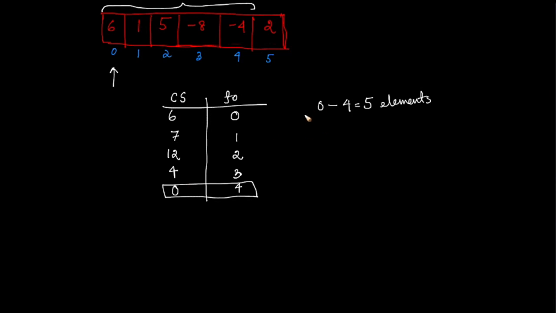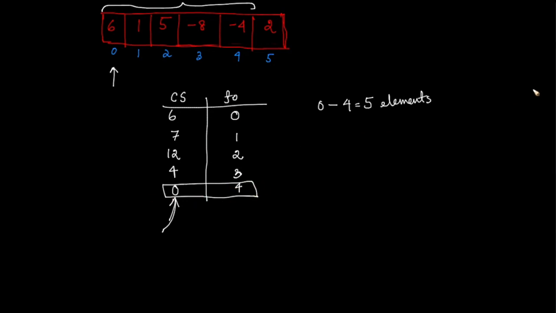You also need to check if the cumulative sum has already become 0. This is a sign that till this point, from the very beginning, the cumulative sum has become 0. That means from the very beginning to this point can be the subarray length.